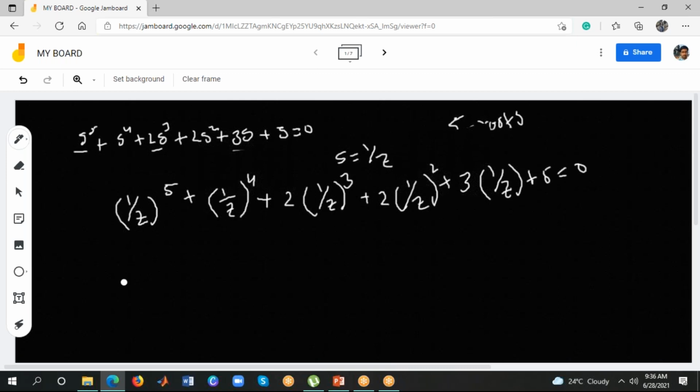Now if you simplify with the common denominator, the common denominator is z power 5, and the numerator will be 1 plus z power 4 plus 2z cubed.